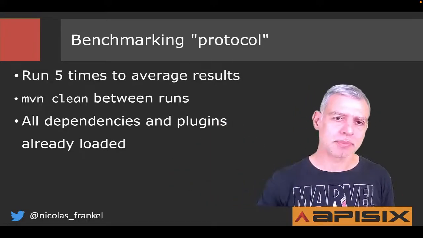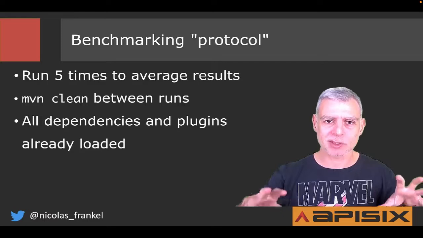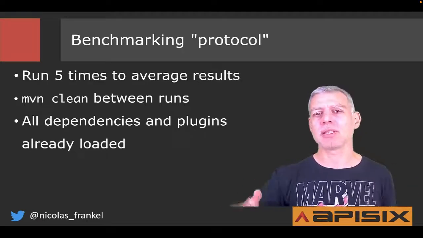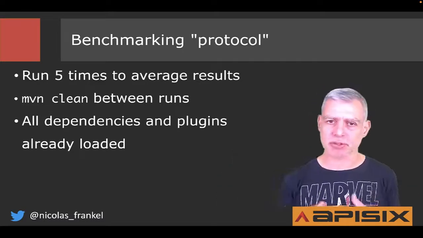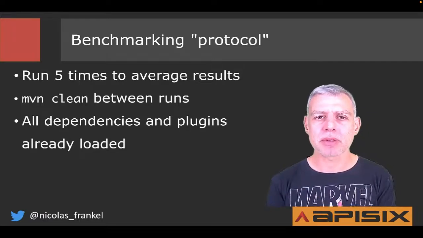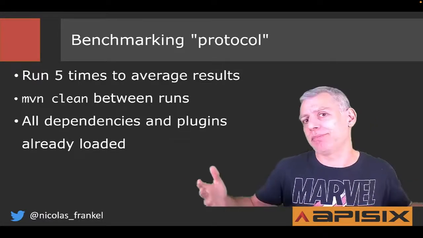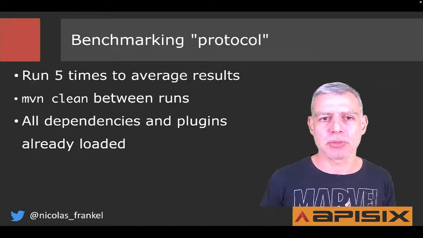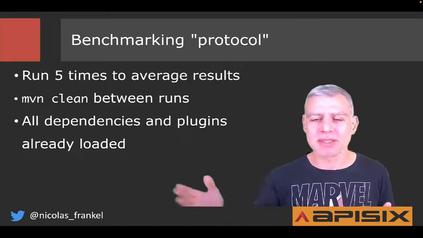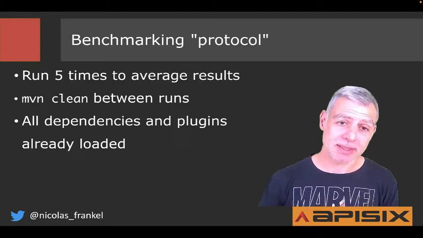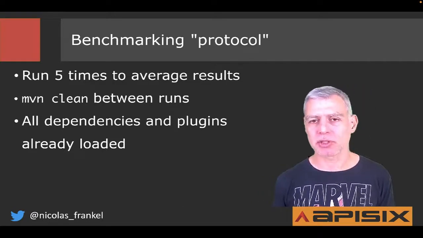Please do that, but for the purpose of this talk, it's good enough. 5 times. Between each run, I do an mvn clean, so I start from scratch again. And very important, I start with all the dependencies already loaded, because otherwise you are measuring the network download speed in each run, and you won't see much difference, especially since at home I don't have a very good network.